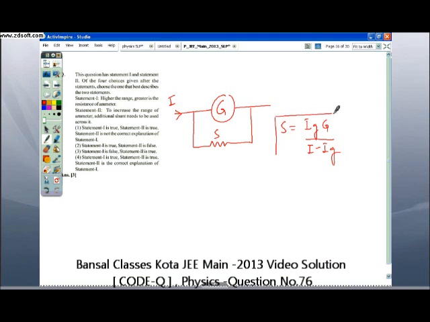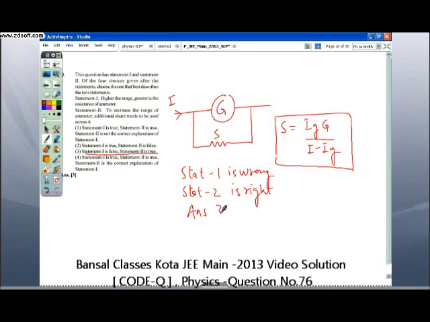According to this formula, it is evident that statement 1 is wrong and statement 2 is right. So, given 4 choices, statement 1 is false, statement 2 is true, answer is C.